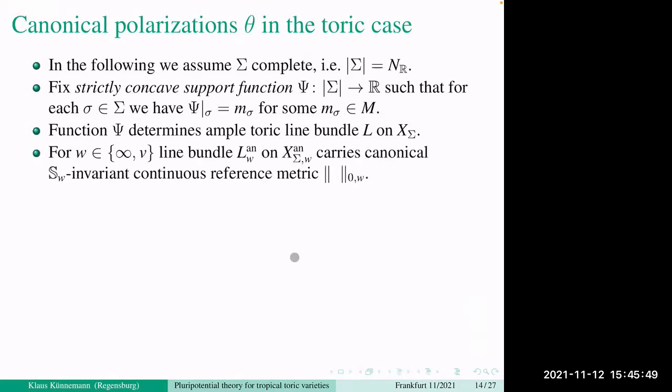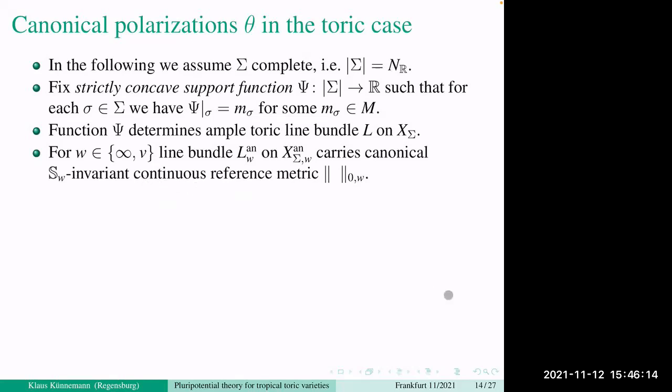And this line bundle carries a canonical S-invariant continuous reference metric, which is also induced by this support function. I will not give details of the construction here, but there is a canonical choice in the toric setting, but the toric choice is not a smooth metric.